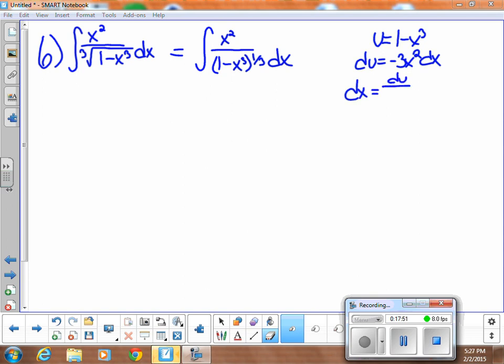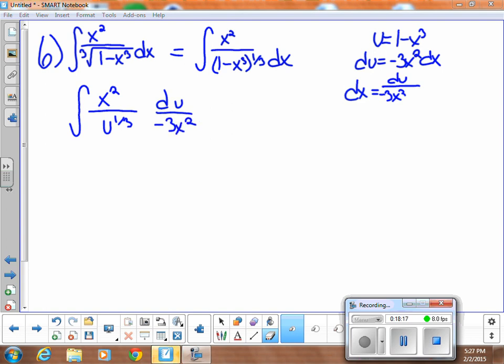So dx equals du over negative 3x squared. So go back now, rewrite your integration with what you have selected for your u substitution. So x squared over u to the 1/3 du over negative 3x squared.